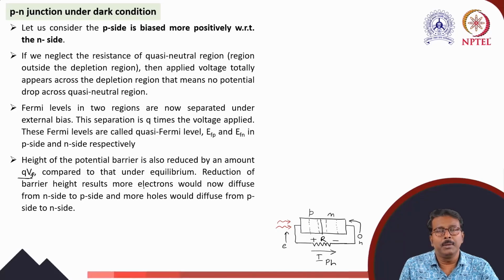The barrier height at equilibrium is nothing but Q times Vbi, Q times the built-in potential. And now the barrier height will be Q times Vbi minus Vf.